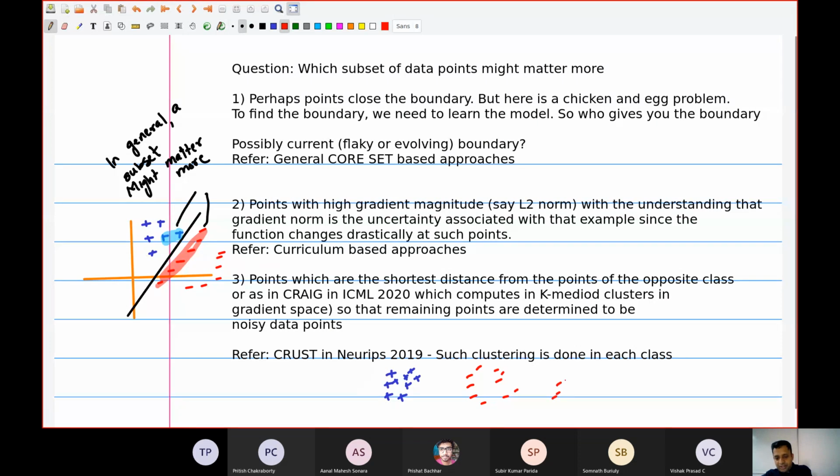These negative points may also have clusters, positive may have clusters, and there could be some stray positive points and some stray negative points. Now, without any regard for the boundary, which we were trying to do earlier, I'm just looking at gradients and then I'll try and find the cluster centroids, so to speak.